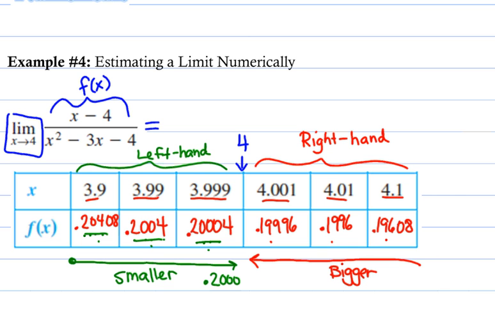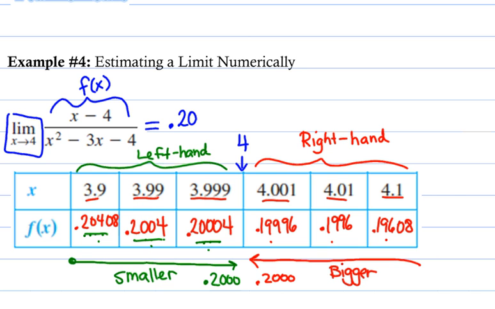Well, 1999, that's basically a step away from 0.2000. I think it would be very safe to say that the overall limit of f of x as x approaches 4 is 0.20. And that's how you do a limit numerically.